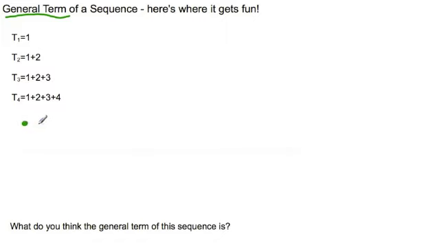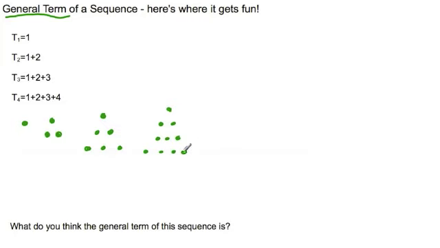in the first one, first number we had 1, first term. Then the second term, we had 1 plus 2. Then we had 1 plus 2 plus 3. And then the next term we had 1 plus 2 plus 3 plus 4.